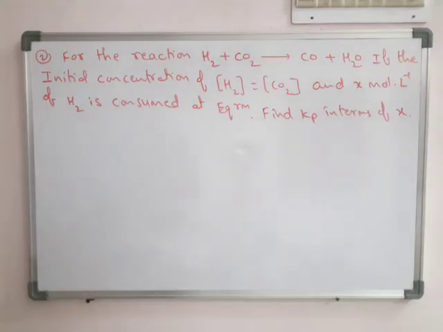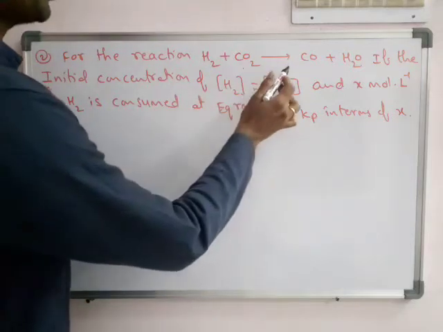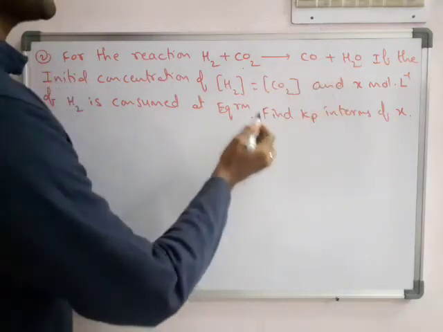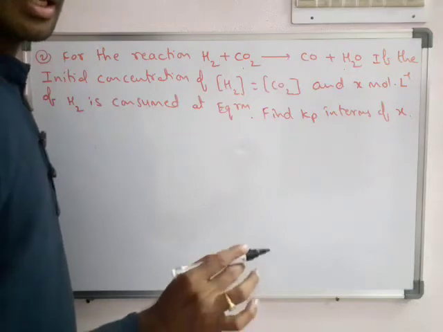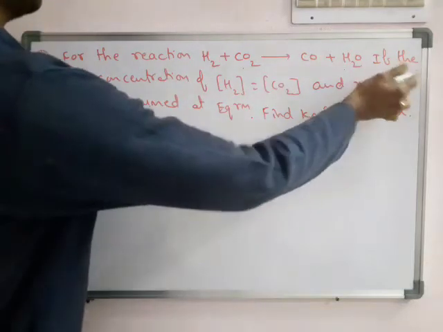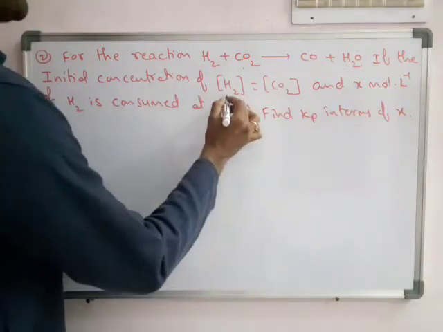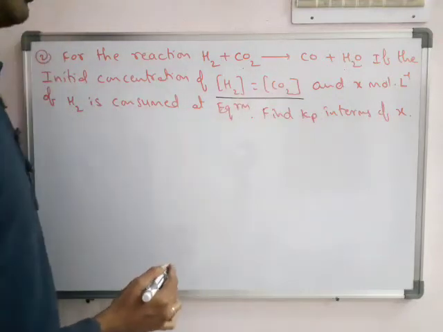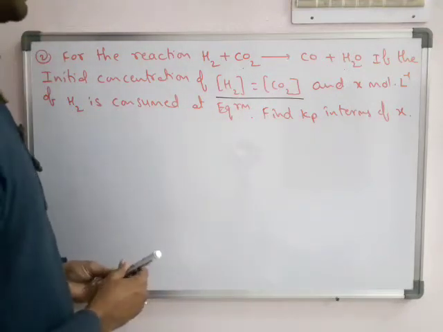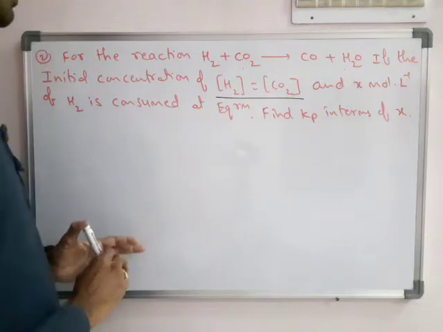Okay, see the second one. For a given reaction, H2 plus CO2 gives CO plus H2O, all in the gaseous state. If the initial concentration of H2 is equal to CO2, and x moles per liter of H2 is consumed.